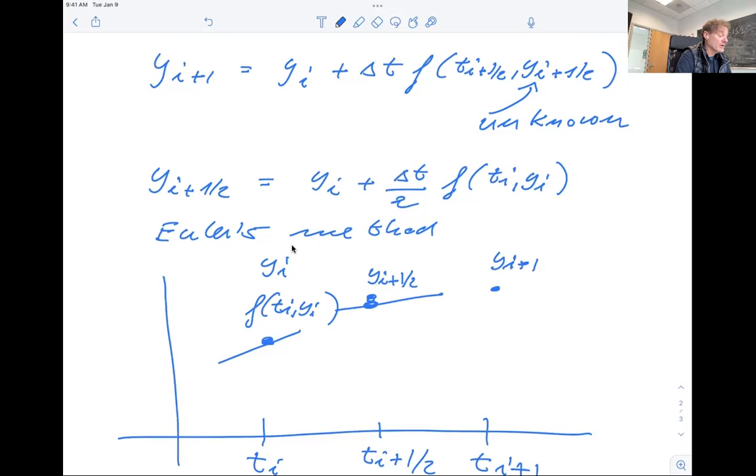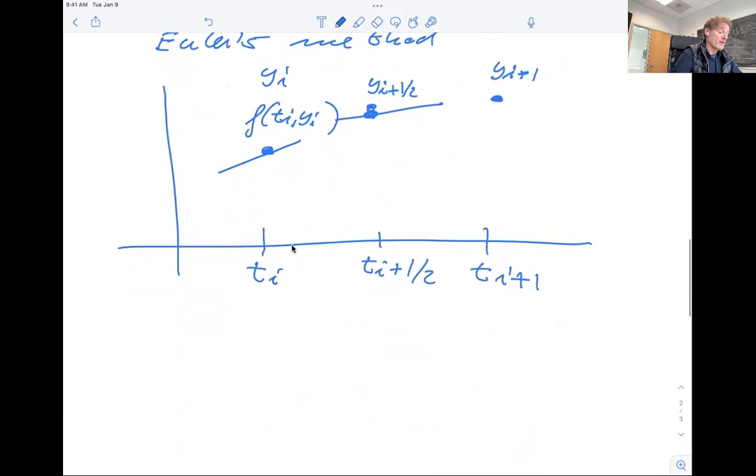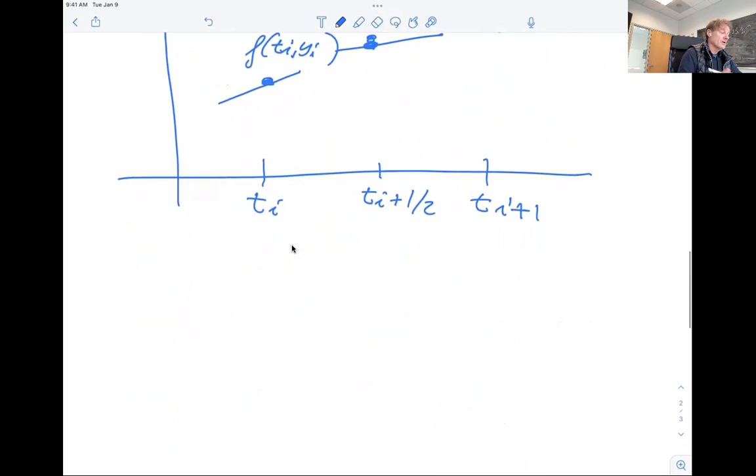We then recalculate the slope, and then we use this slope to make an estimate for the final point y of i plus 1. So this is a kind of geometrical interpretation which we can make when we are implementing this method.